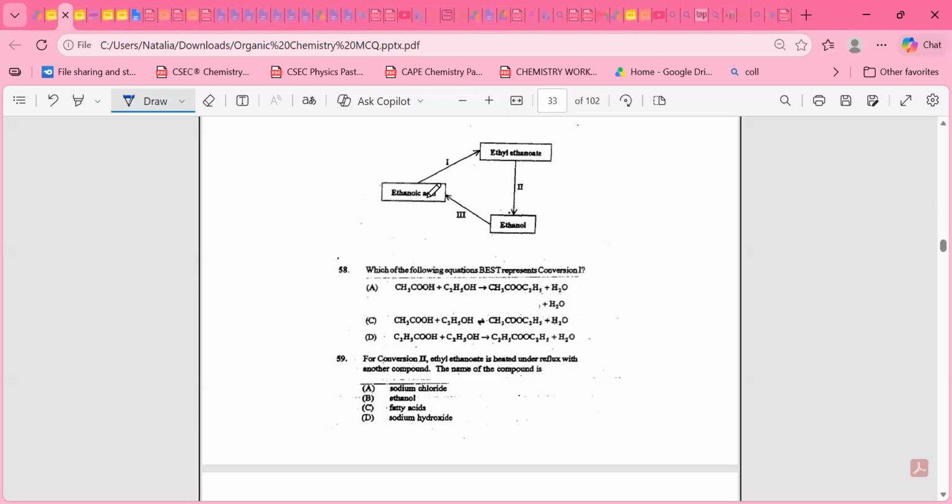Ethanol can be converted to ethanoic acid using oxidizing agents, which are potassium permanganate and dichromate. So the correct answer for this is C. The reason why C is the answer is because of this arrow right here.